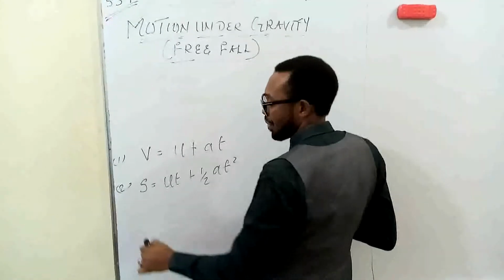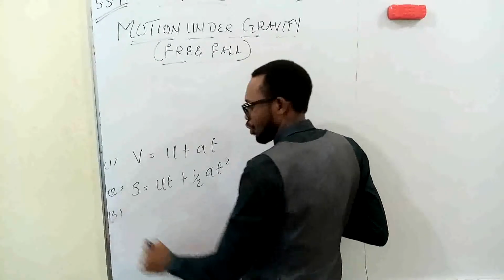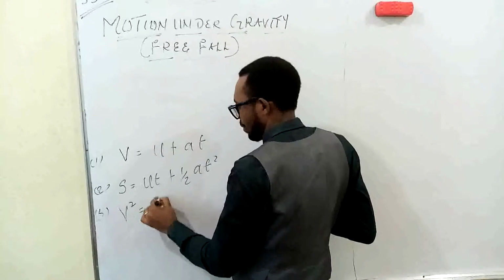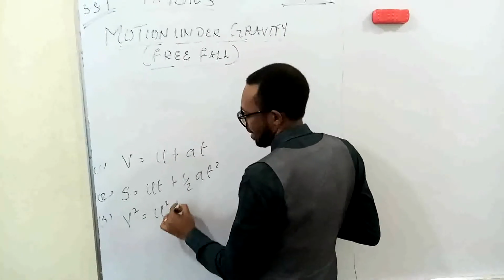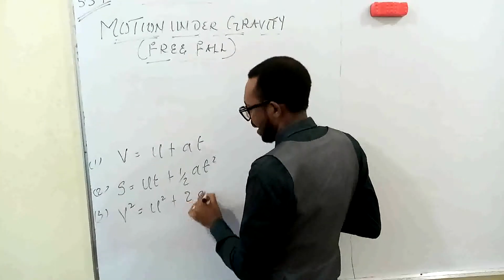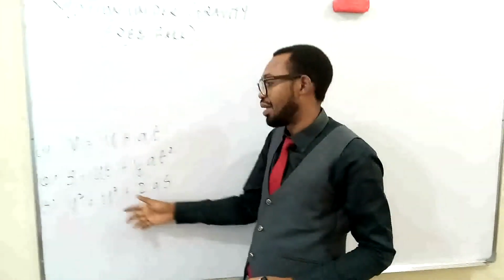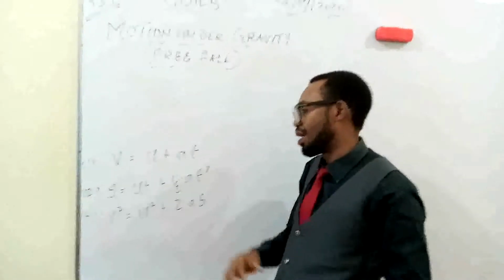And the third equation of motion, which I also showed you, is V squared = U squared + 2AX. And so we went further to explaining the different parameters, what they stand for.